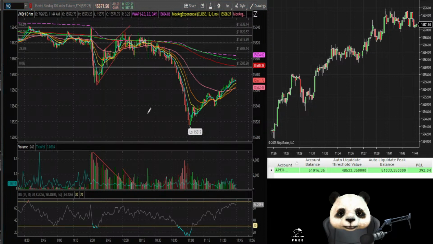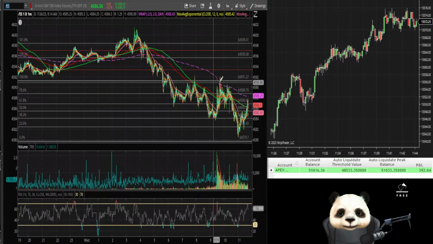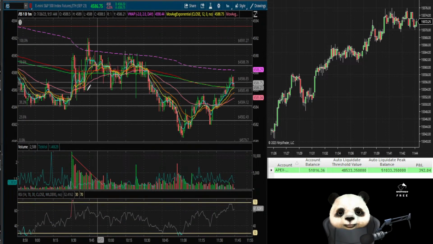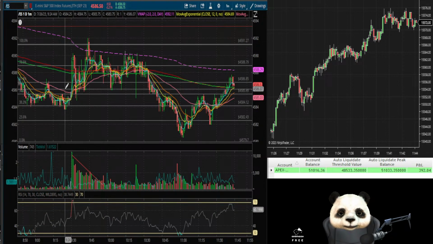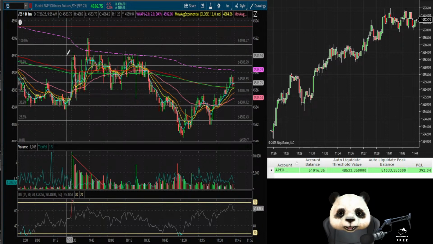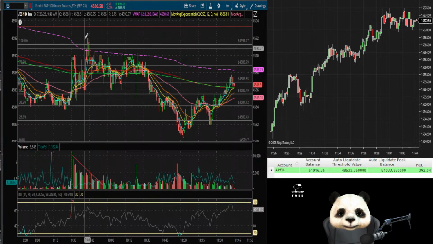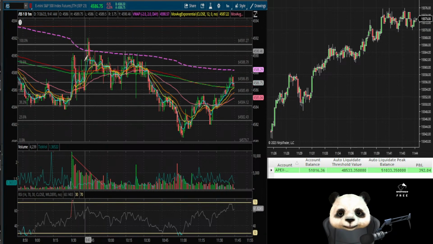I'm looking over at the S&P right now too, and I was talking earlier about this sideways channel that we're in. If you look at my cursor, we had the lows at 4,586 and the highs at 4,590 about. Granted, we did go above here, but that was just a little false breakout. So we had that false breakout and just resumed the channel.